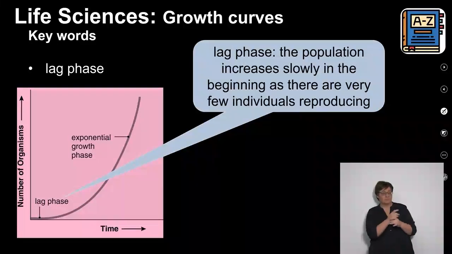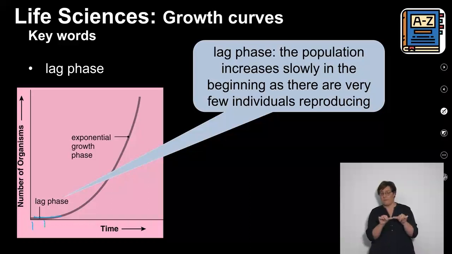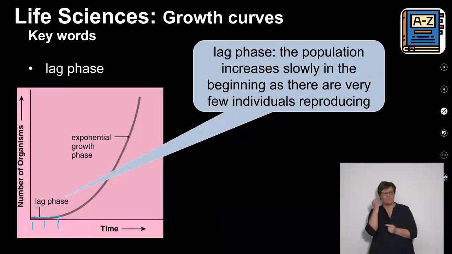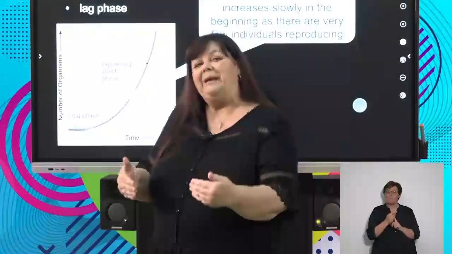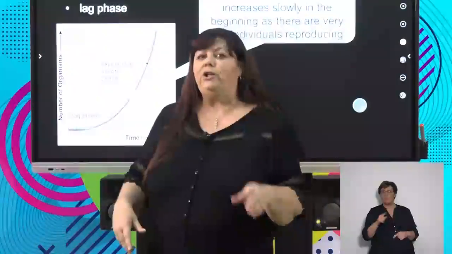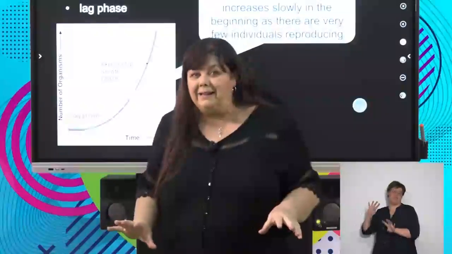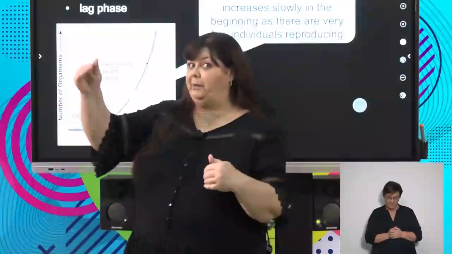We see that at the beginning of the time that we were measuring, there's something called a lag phase. Now, if you lag, it means you hang behind a little bit. So if you're going on a long hike up a mountain and you're lagging behind, that means that you're at the back of the group of people hiking up the mountain.